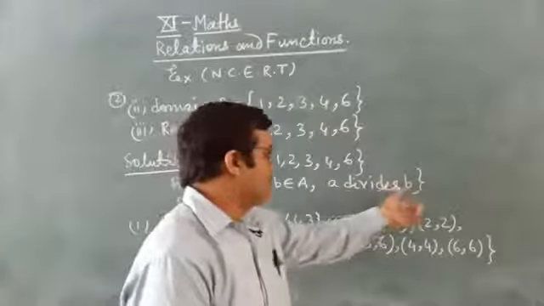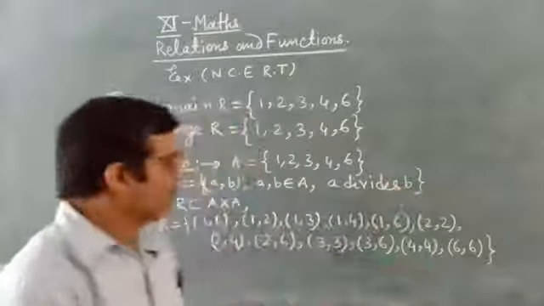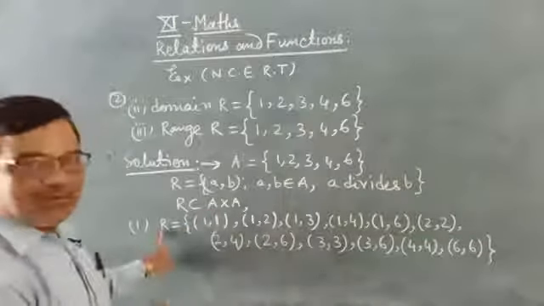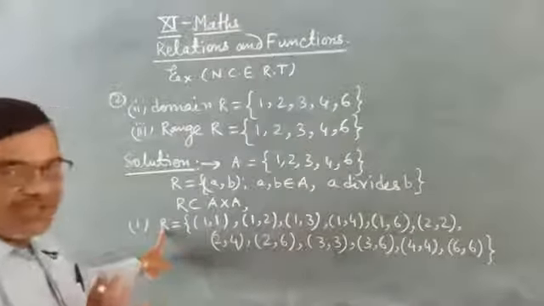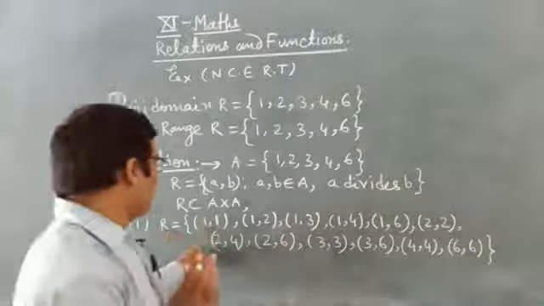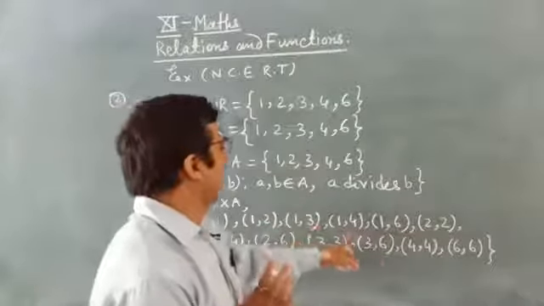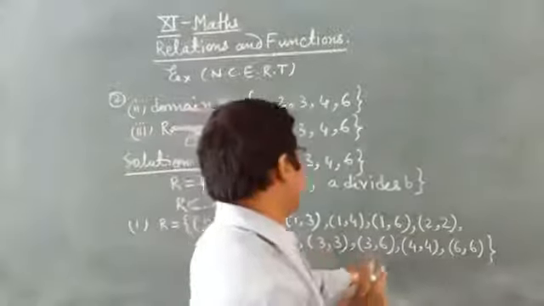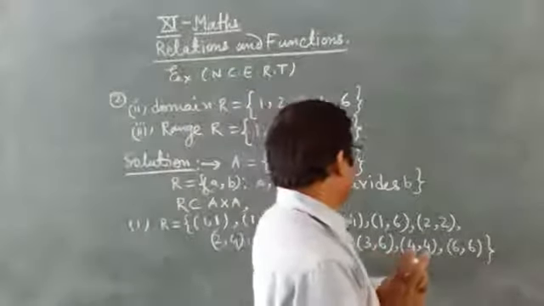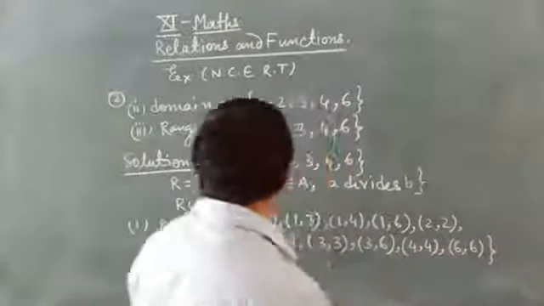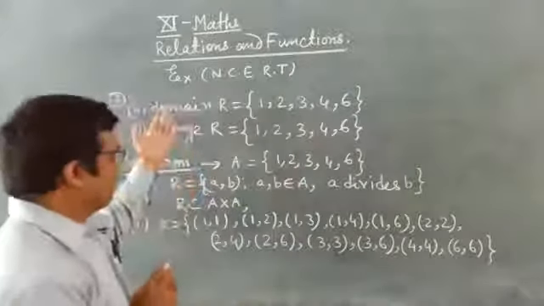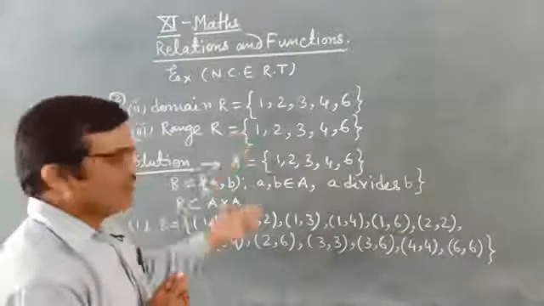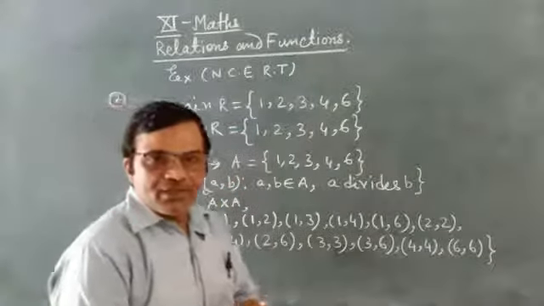R is a subset of A cross A, therefore relation R is written in roster method as 1 1, 1 2, 1 3, 1 4, 1 6, 2 2, 2 4, 2 6, 3 3, 3 6, 4 4, 6 6. Therefore our domain is the first component of this relation and range is the second component of this relation. Thank you, students.